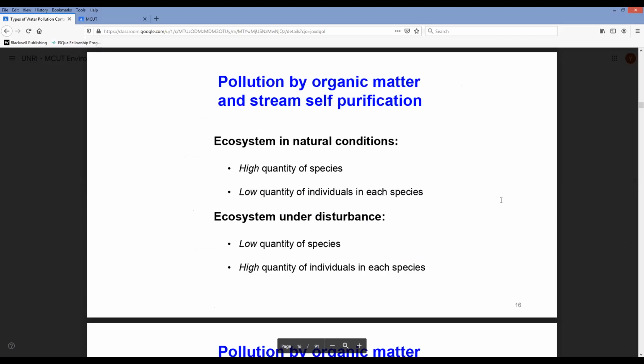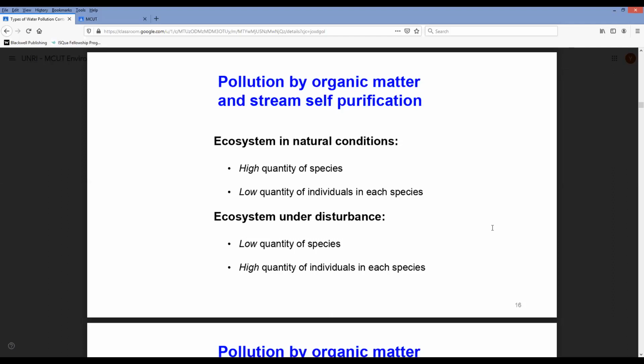This is the pollution by organic matter and stream self-purification. The first is the ecosystem in natural condition, which has two characteristics: a high quantity of species, and a low quantity of individuals in each species.